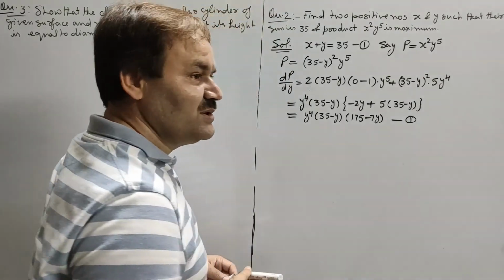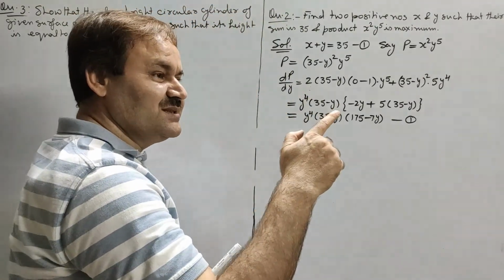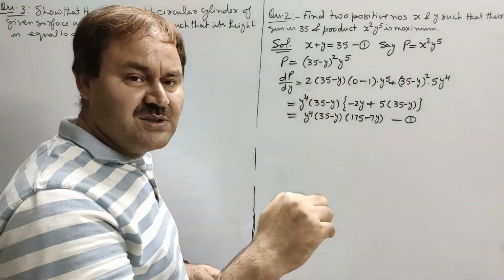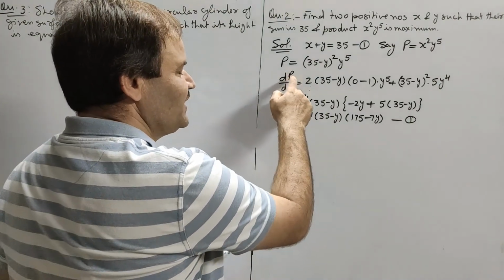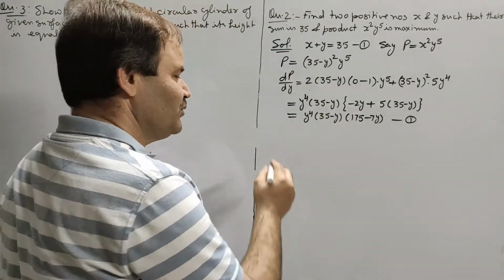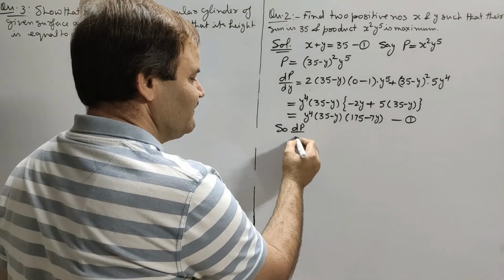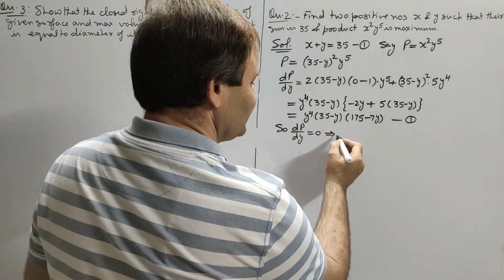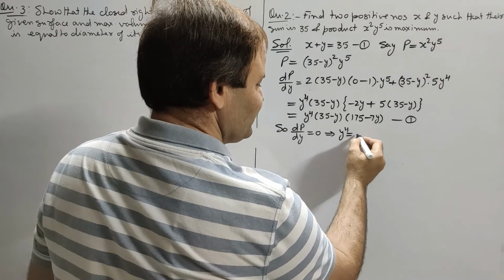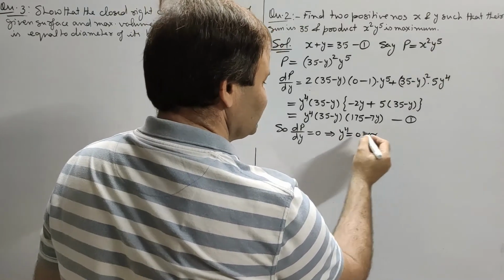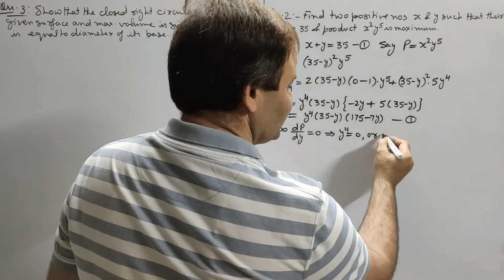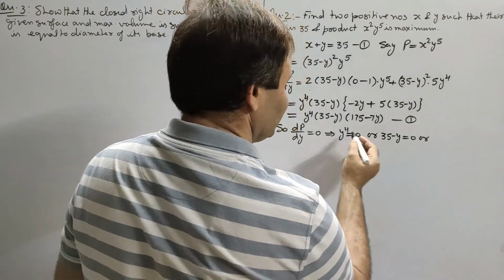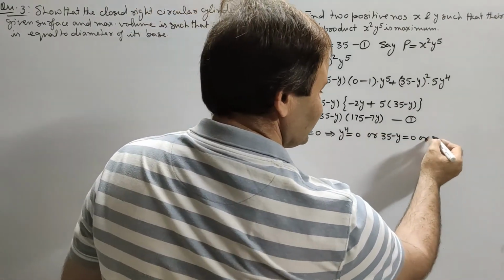Now we will find out the turning points, that is the points for which P will either be maximum or minimum, and we know those points will be obtained by putting dP by dy equal to 0. So dP by dy is equal to 0 implies either y to the power 4 is equal to 0, or 35 minus y is equal to 0, or 175 minus 7y is 0.